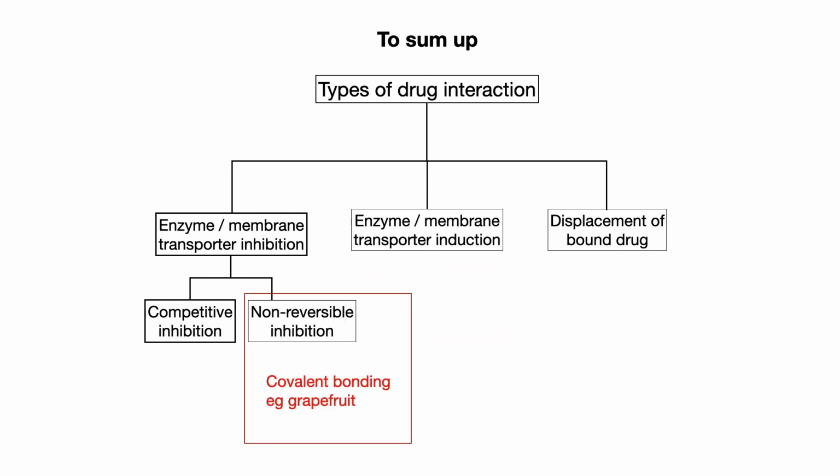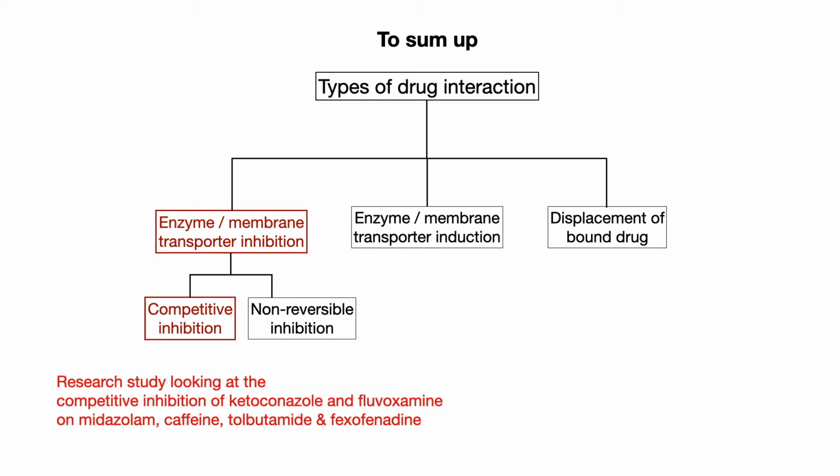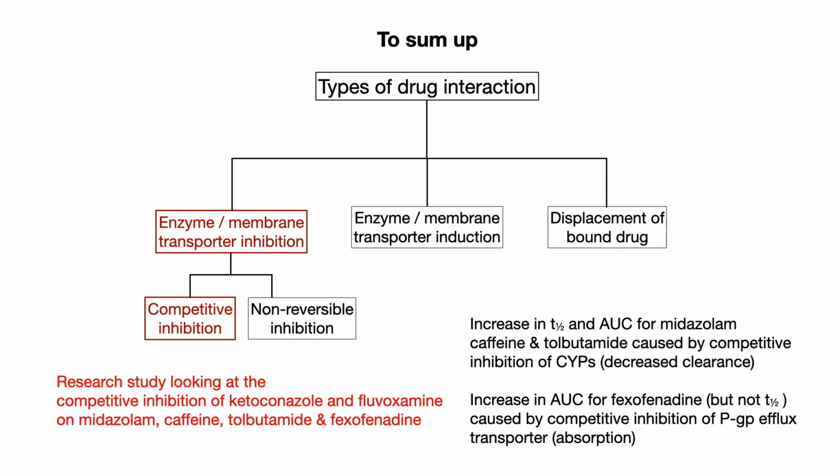We looked at non-reversible inhibition, and our example in that case was grapefruit. And our focus here was on competitive inhibition, and we looked at a research study. We looked at the effects of ketoconazole and fluvoxamine inhibiting Midazolam, Caffeine, Tolbutamide and Flexophenidine.